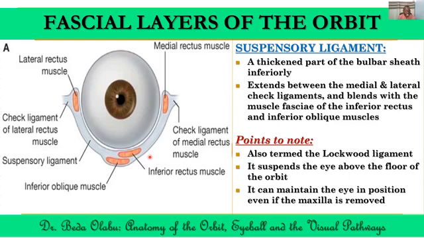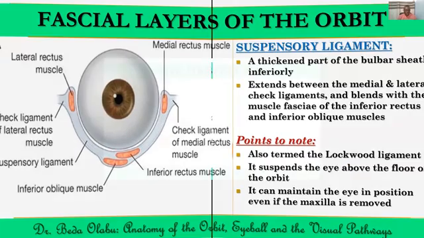The globe will just rest on the suspensory ligament. And actually that's why it's called the suspensory ligament. So the globe doesn't have to make physical contact with the floor of the orbit. That's why we're saying that it's suspended above. It's also called the ligament of Lockwood, as I'd mentioned perhaps earlier. So that summarizes the most important ligaments, or rather fascial systems, of the orbit.